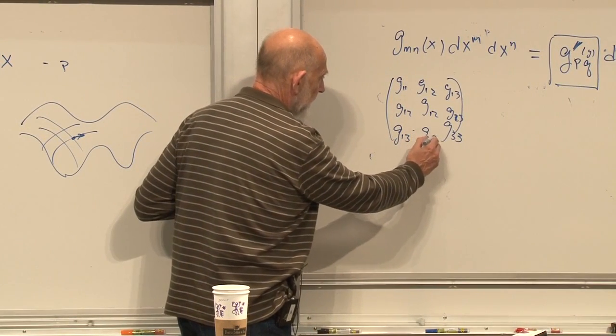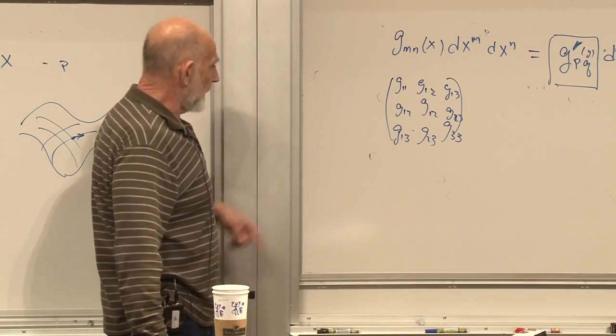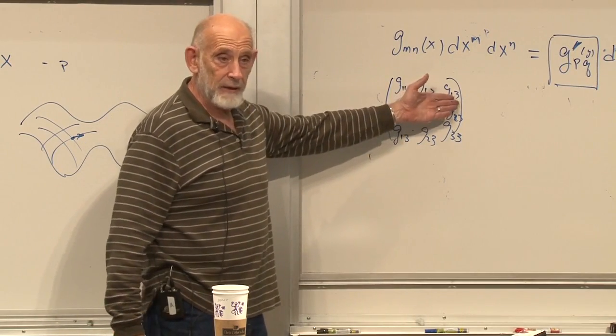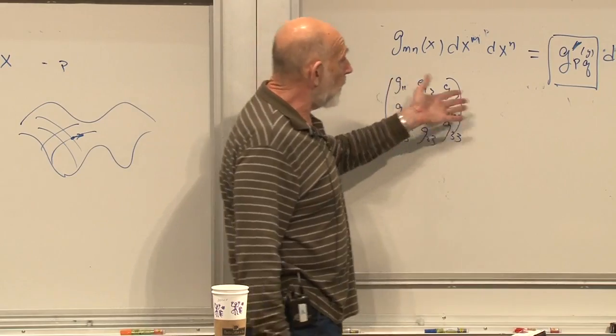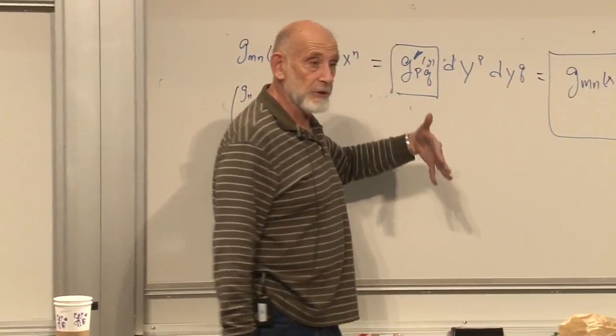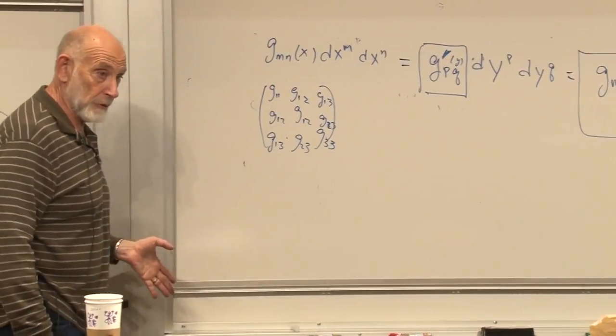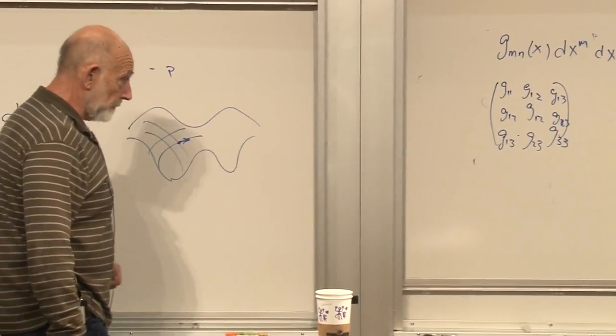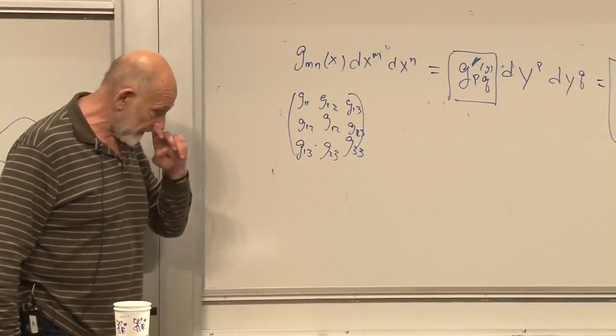Yeah, you can call this G31, but it might as well be taken to be equal to G13 because dx1 times dx3 is the same as dx3 times dx1. So you can take it to be a symmetric matrix.